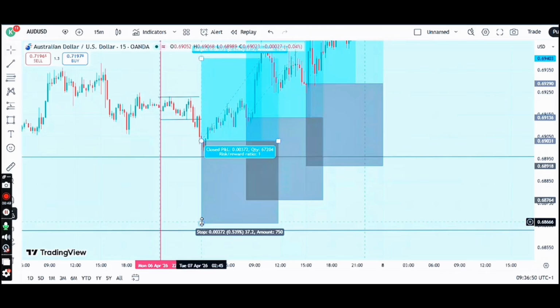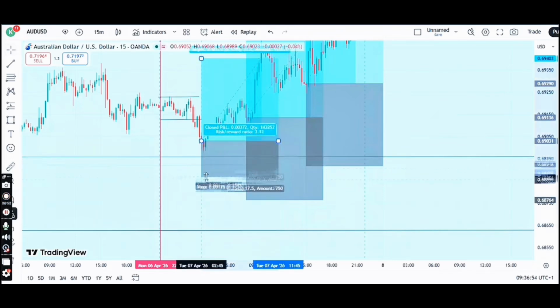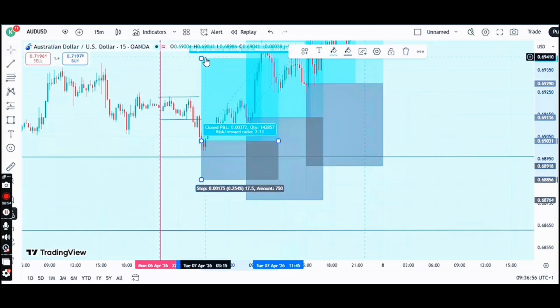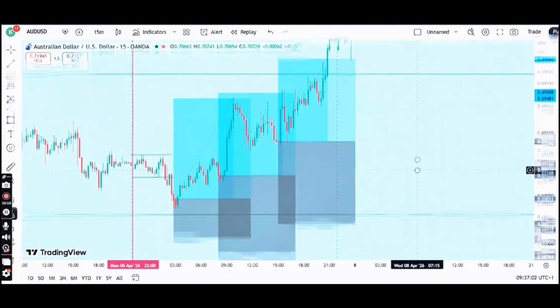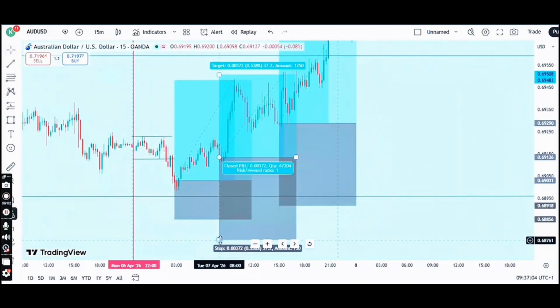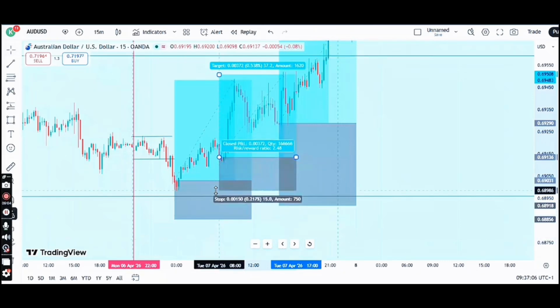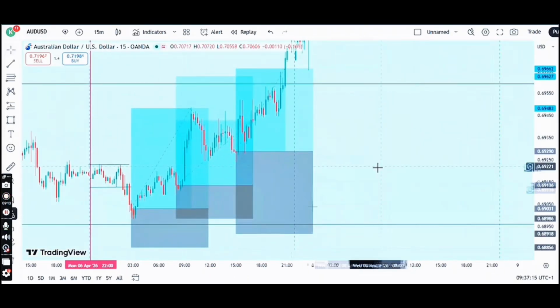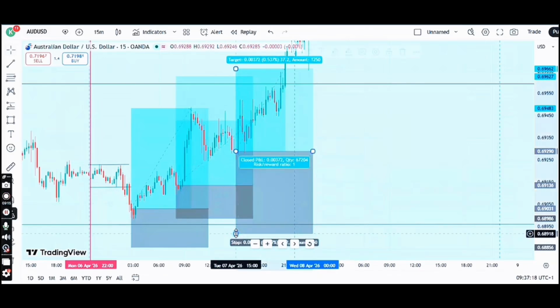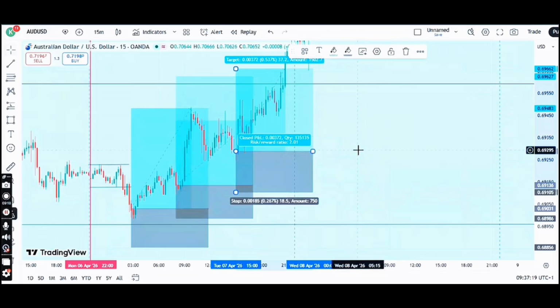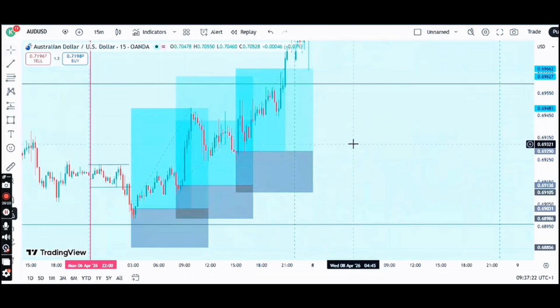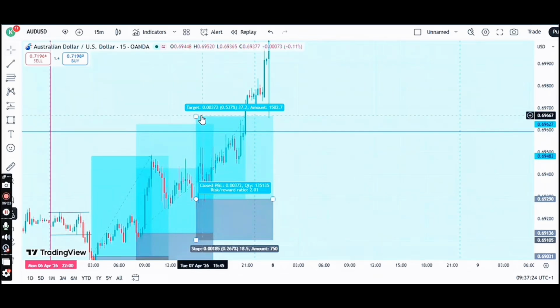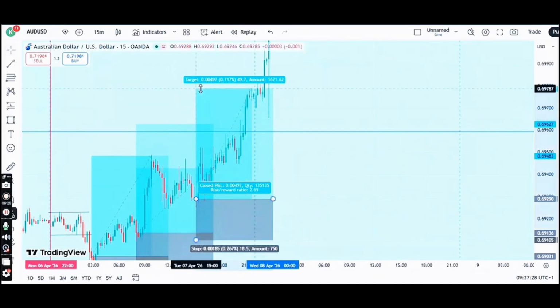And here you set your stop loss, just here, take profit here, or you do this, set your stop loss here and take profits around here, or maybe this way. Something like this for the day.